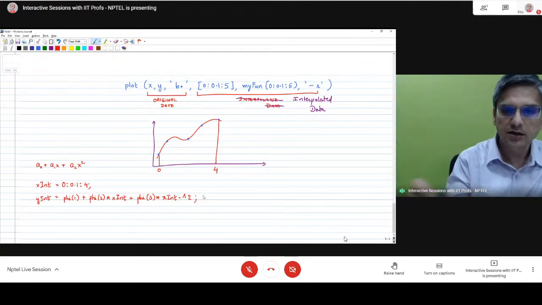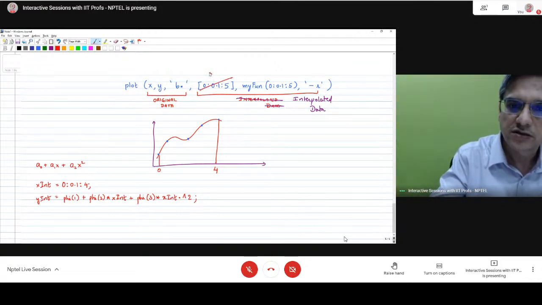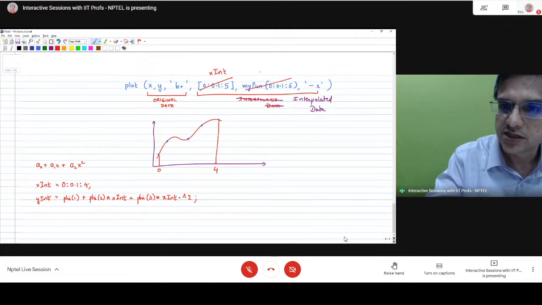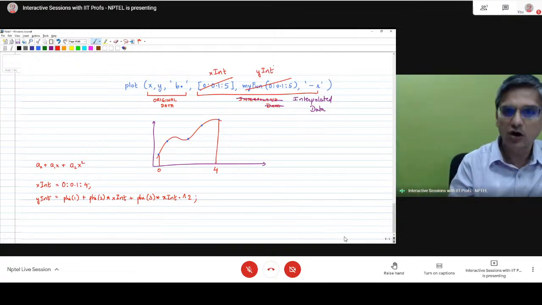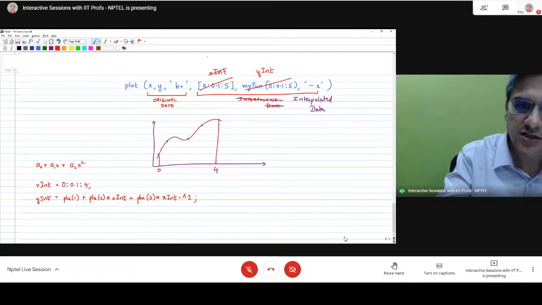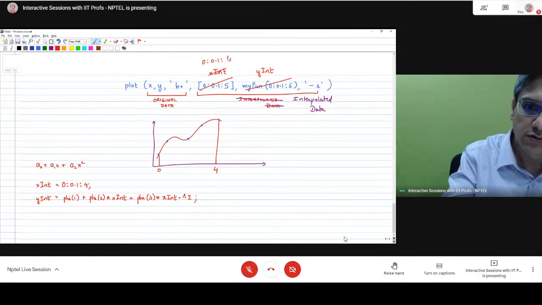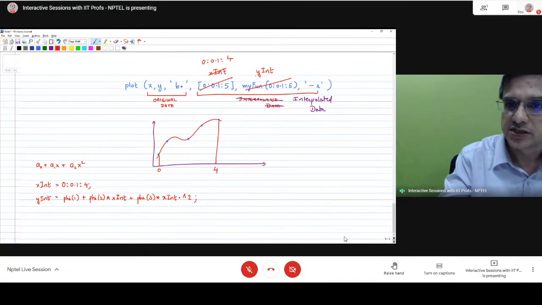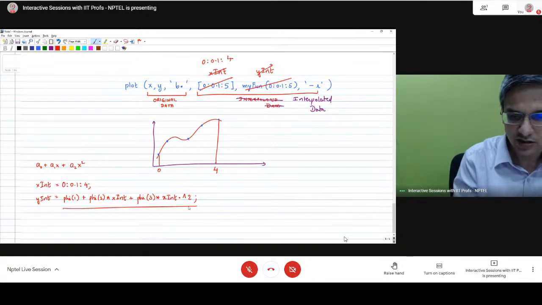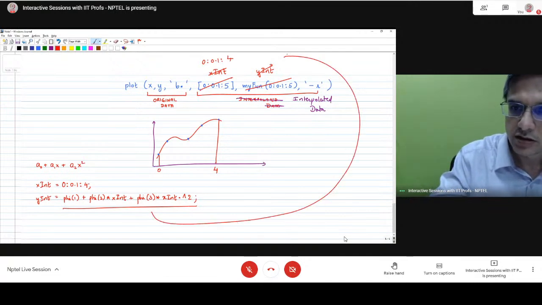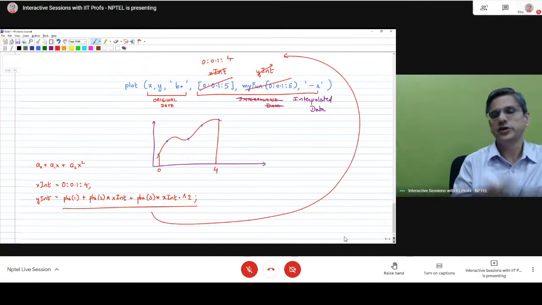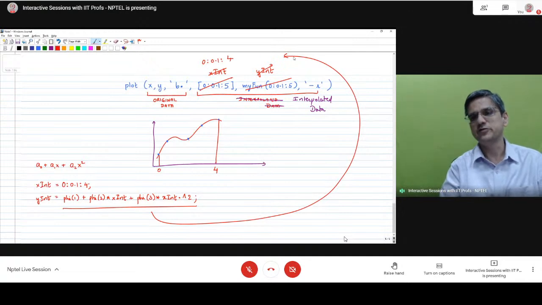Okay, and I replace this with x int, I replace this with y int, or I can replace this with 0 to 0.1 to 4, and I can replace this with this entire thing. Yeah, I can very well do that.